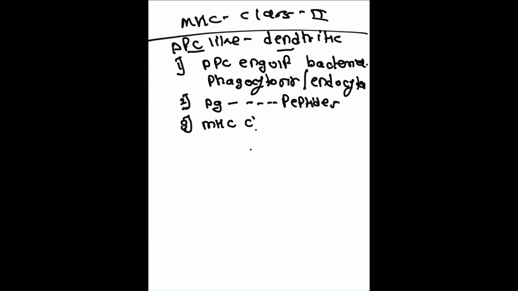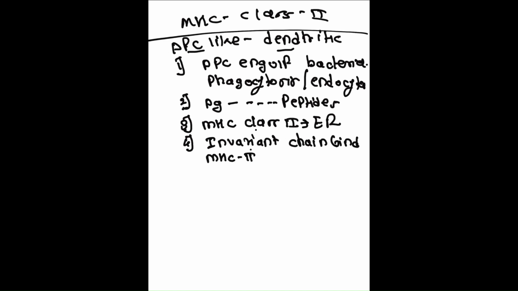Third, the MHC class 2 is synthesized in the endoplasmic reticulum. But here is a twist: class 2 has an invariant chain. It binds to MHC2 and blocks its peptide groove. This chain helps to prevent wrong peptide binding, because MHC class 2 should bind with specific peptides, not with any other regular or healthy peptide.